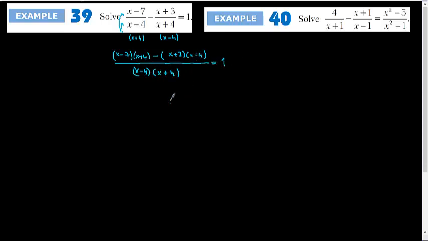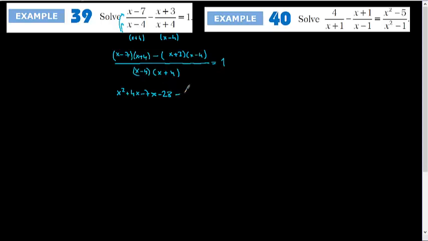Still it's not in quadratic equation form. One by one I'm going to multiply. x times x is equal to x squared, x times plus 4 is plus 4x, minus 7 times x is minus 7x, minus 7 times 4 is minus 28.